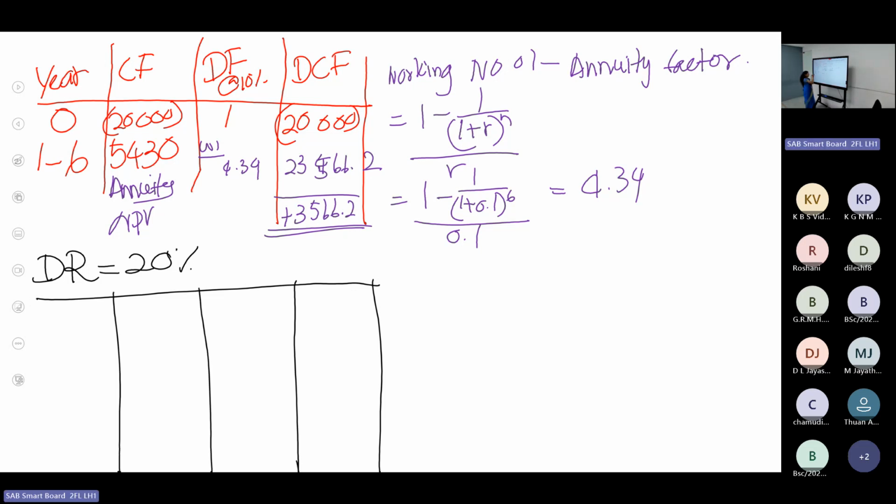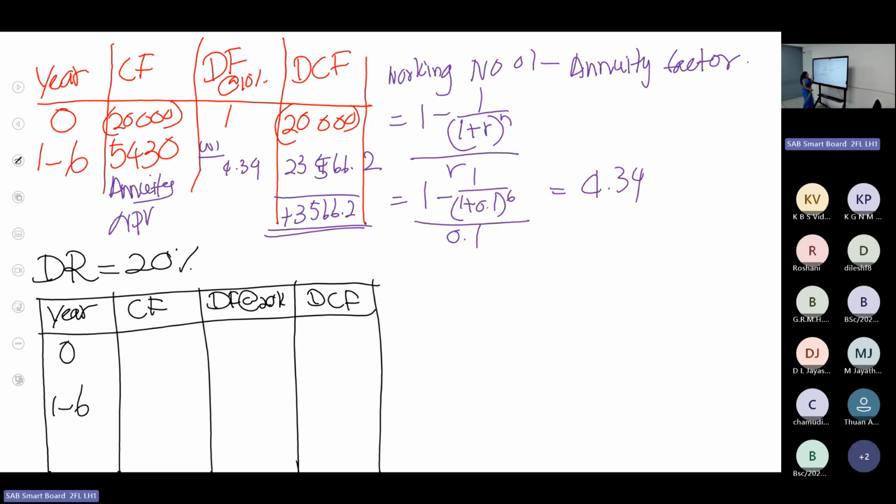We have here cash flow, discount factor now at 20%, and then discounted cash flow. Here 0, 1 to 6. Minus 20,000, but the same cash flow during the 6 years period.